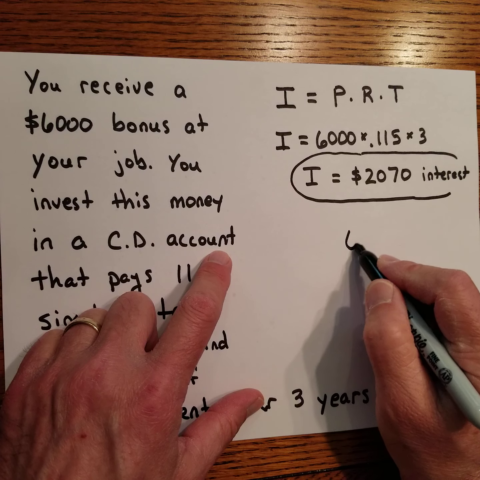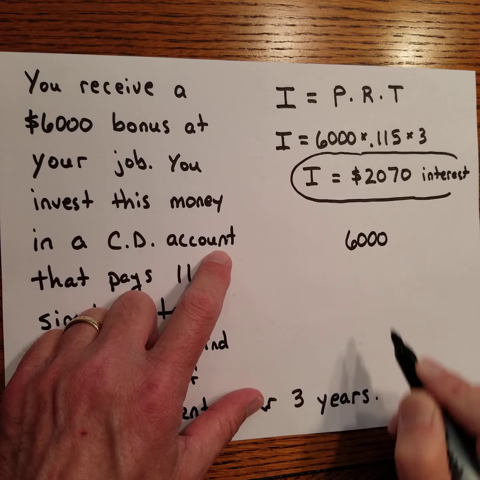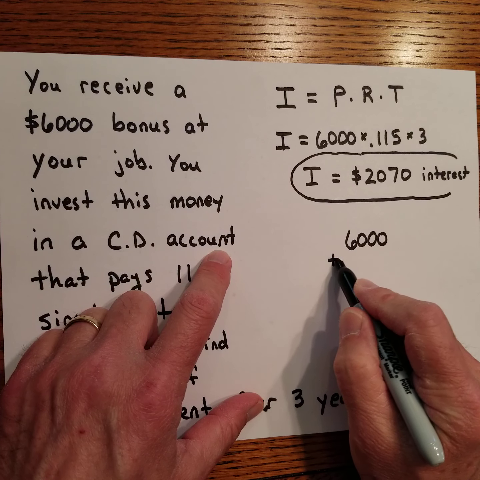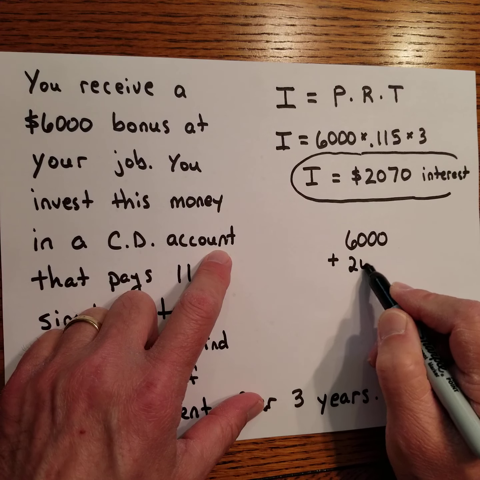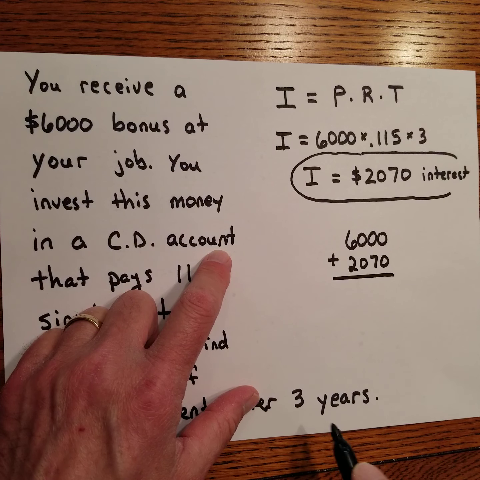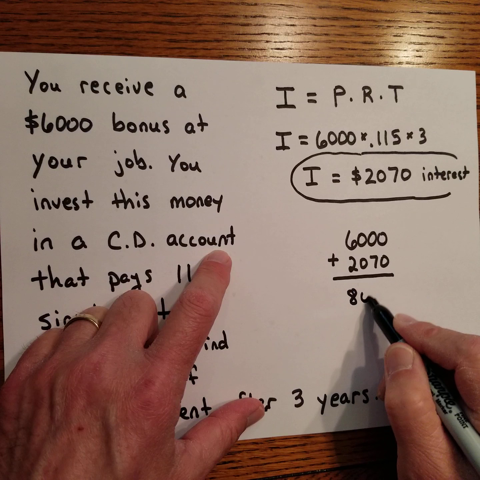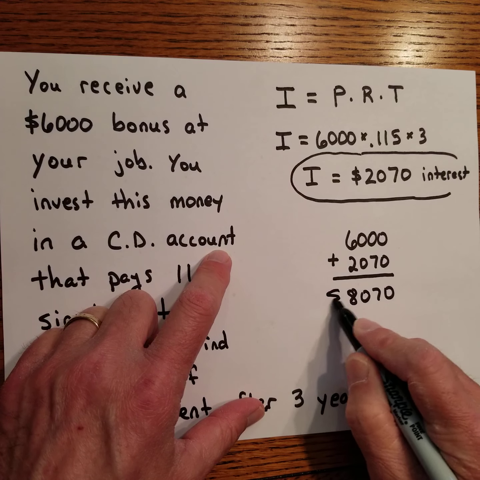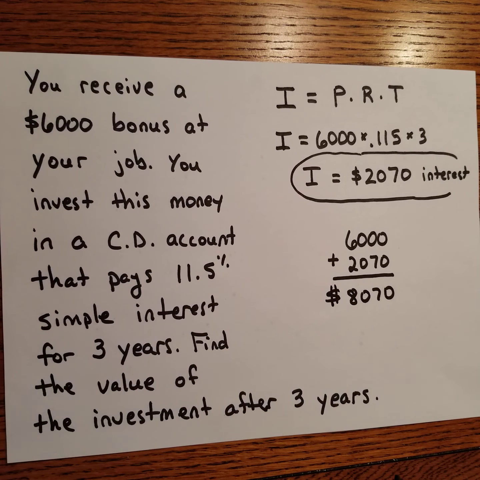Well, you put up $6,000 of your own. The bank pays you $2,070 of interest. We'll add those together to get $8,070. Let's label that. That's the value of the investment.